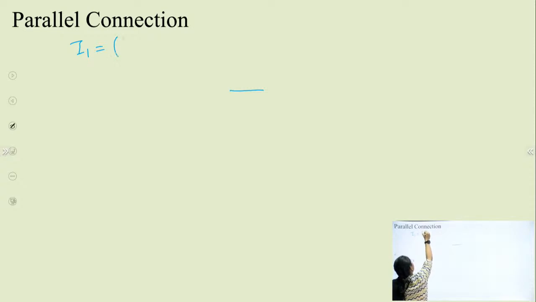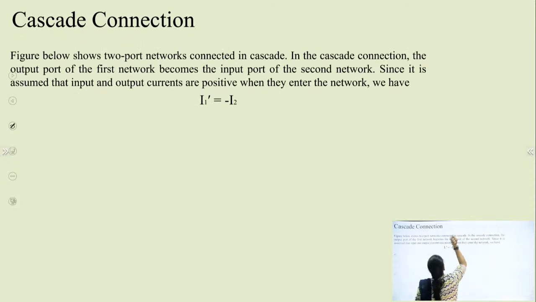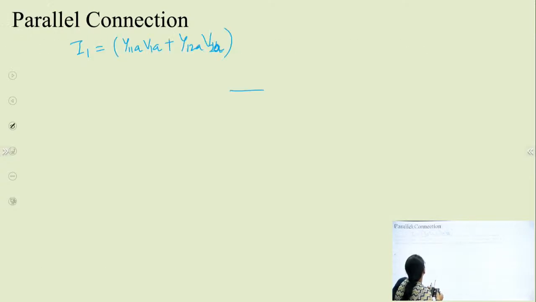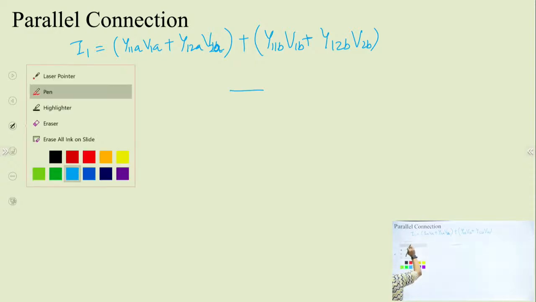Now I1A is equal to Y11A V1A plus Y12A V2A, okay, and plus Y11B V1B plus Y12B into V2B, okay.